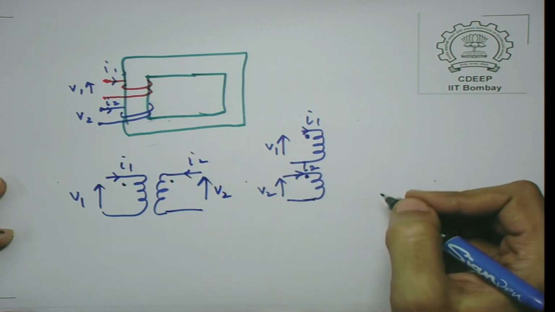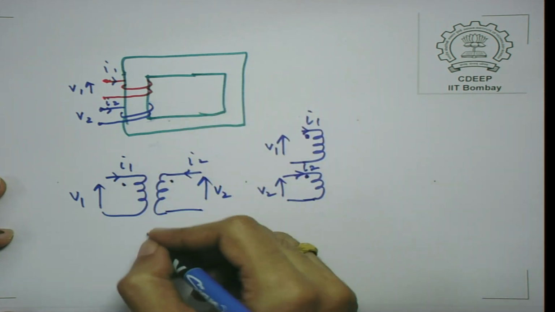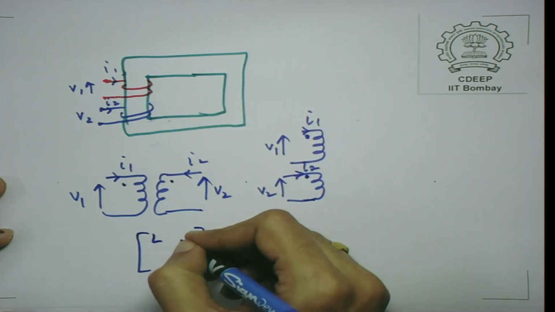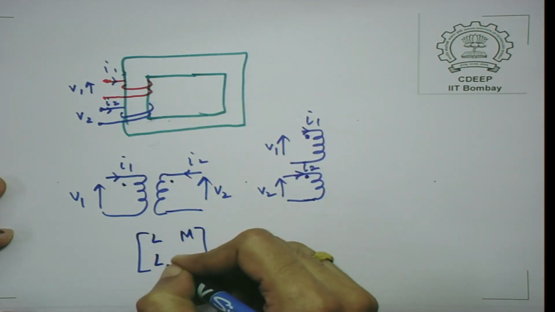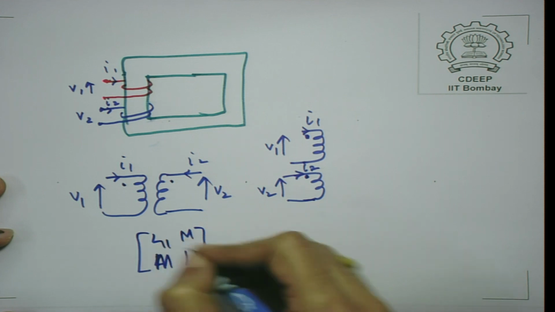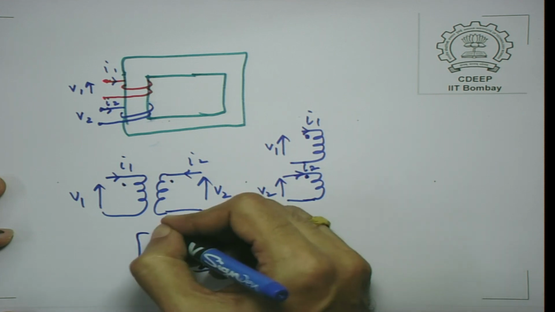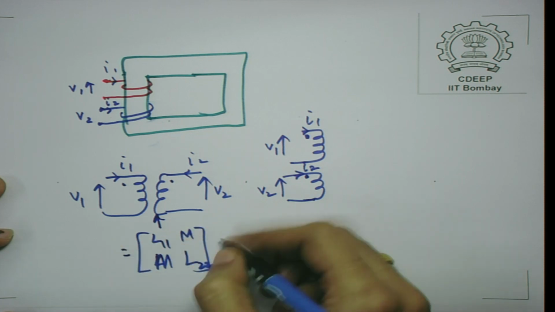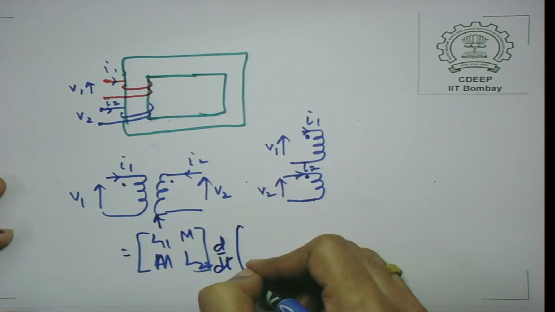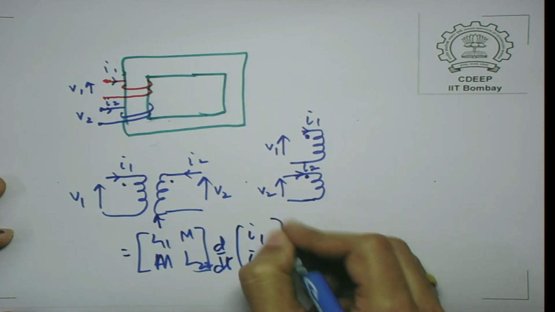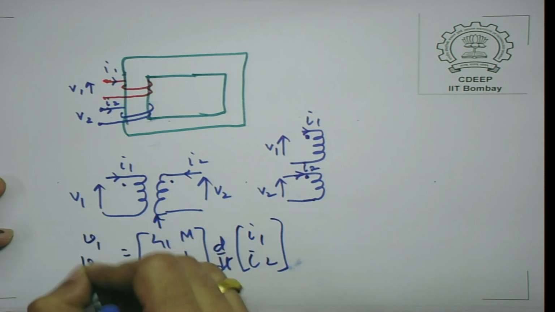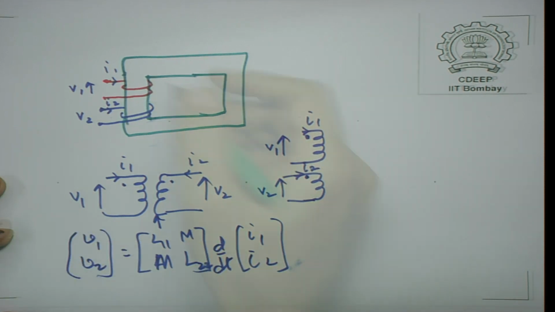So, this is how you will describe this, and here you will have L, M, M and L. This will be the matrix, and you will have I1, I2 in this fashion and V1, V2 in this fashion.